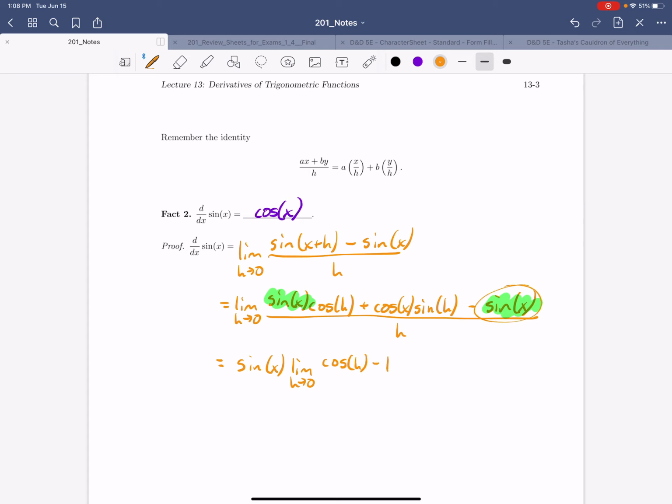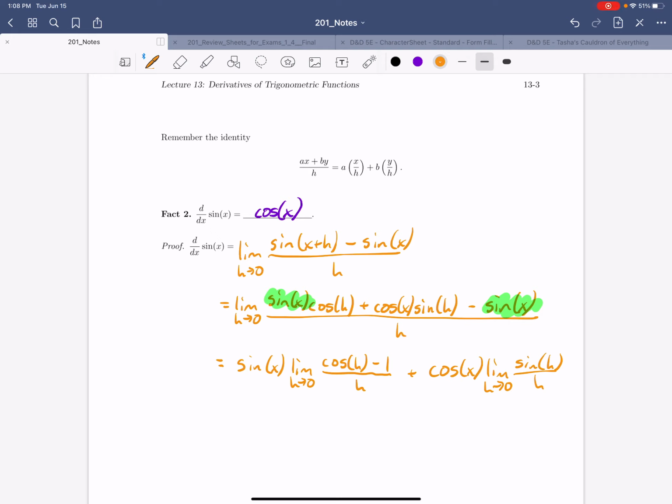When you factor sine out of that, you just get 1 all over h. Plus, I'm going to use limit laws right here, plus the limit as h approaches 0 of... Actually, I guess I could go even further, take out the cosine of x and have the limit as h approaches 0 of sine of h over h.